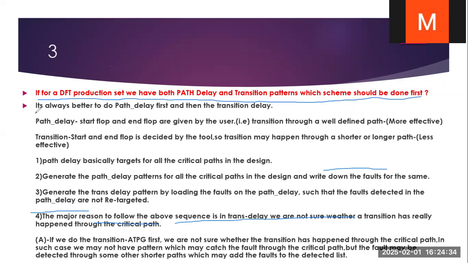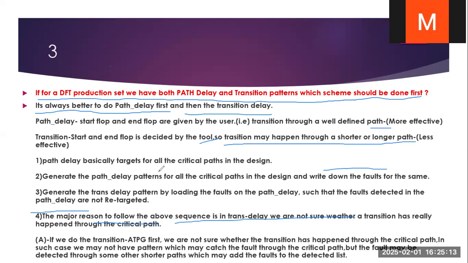It is always better to do the path delay first, then transition delay. In my previous question, I explained this. Path delay start flop and end flop are given by the user, so the transition goes through a well-defined path, which is more effective. In transition delay, the start and end flop are decided by the tool, so the transition may happen through a shorter path or longer path. We don't know. It is less effective.